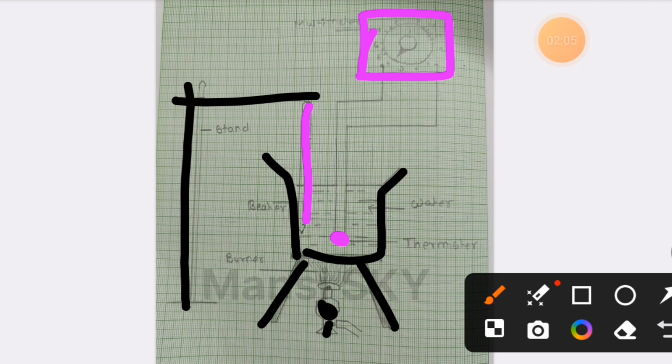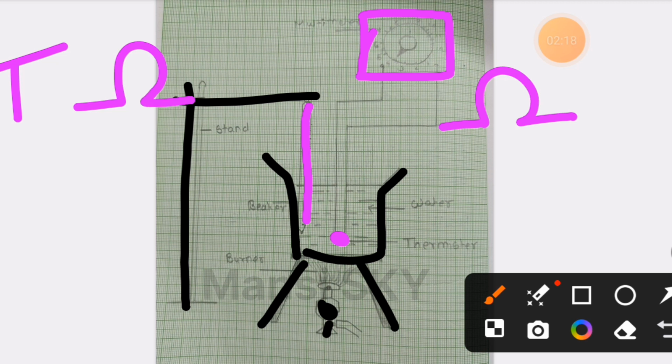Why is there a multimeter here? Because with the help of the multimeter we are going to find the resistance. We are going to make the graph of temperature against resistance, so we have to check and note down the resistance according to the temperature.